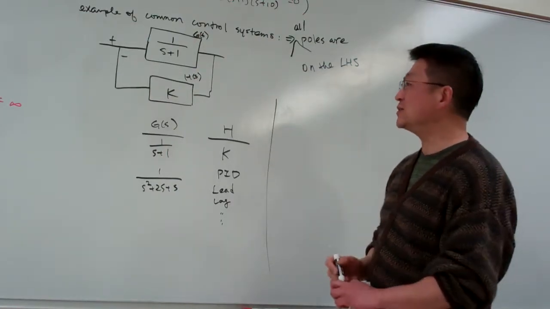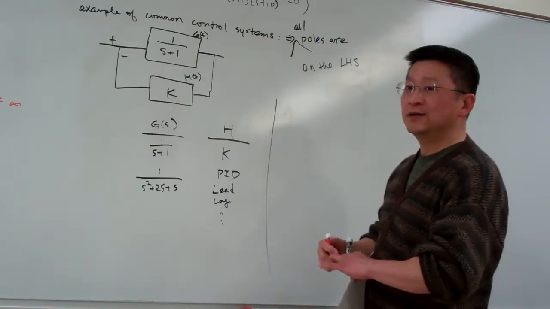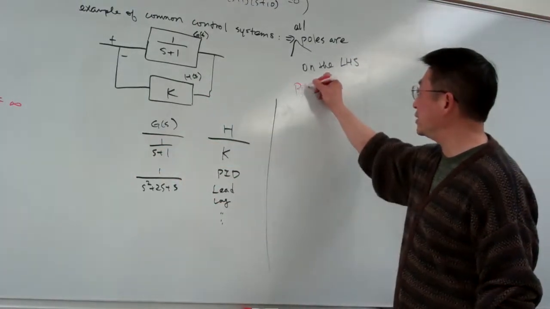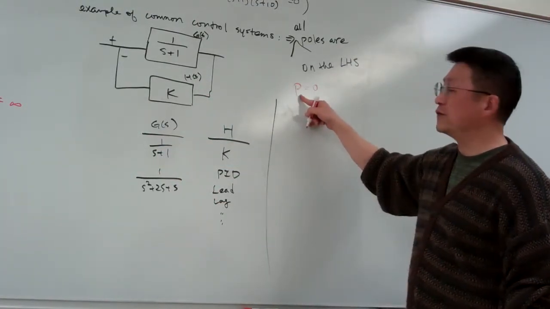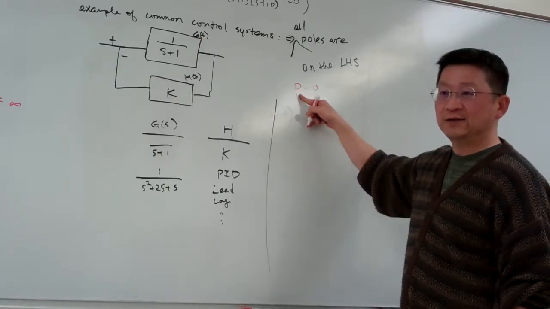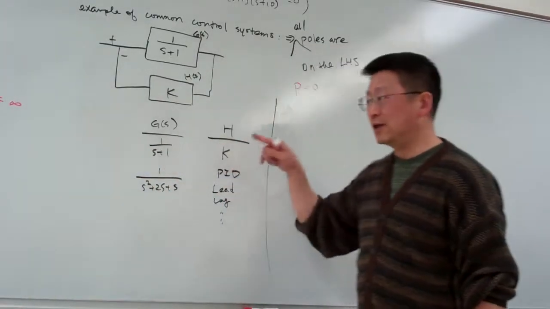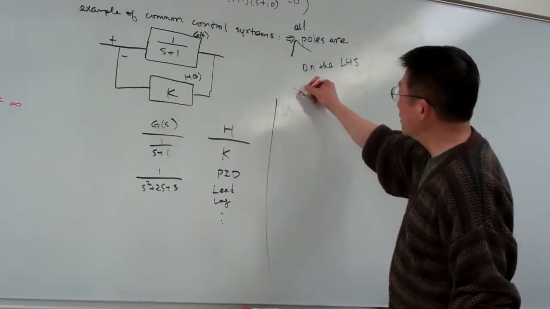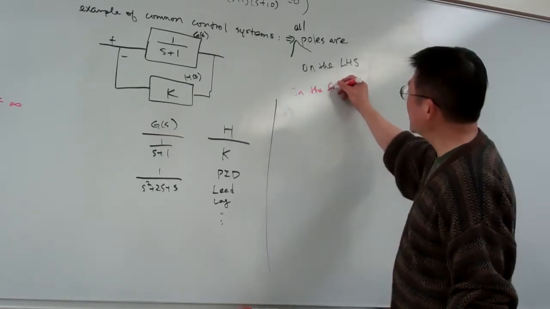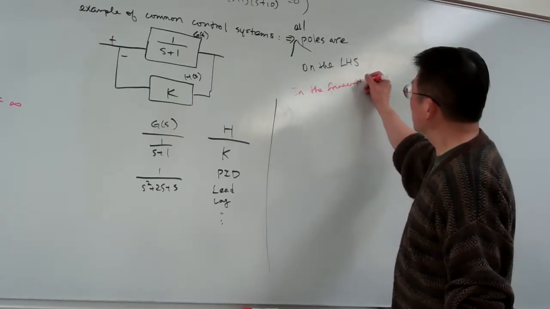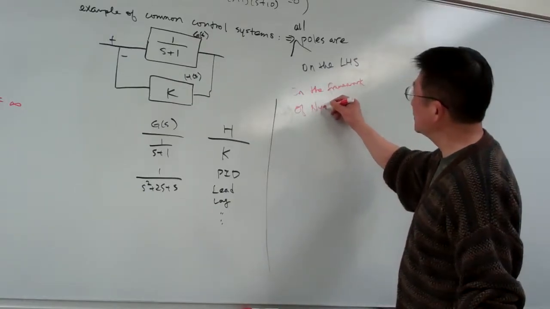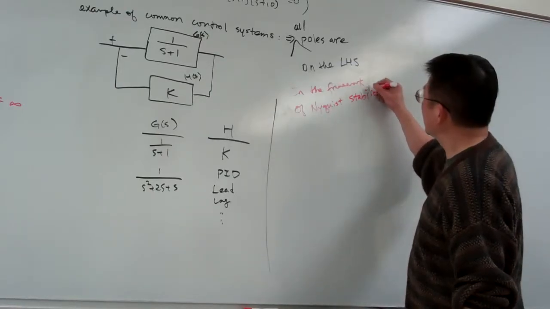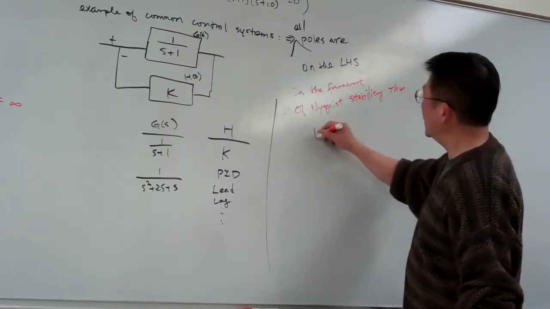Under these situations, per our definition, P equals 0, the number of poles on the right-hand side per our definition in the stability. So that means in the framework of Nyquist stability theory, P equals 0.